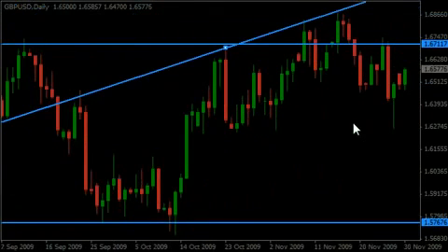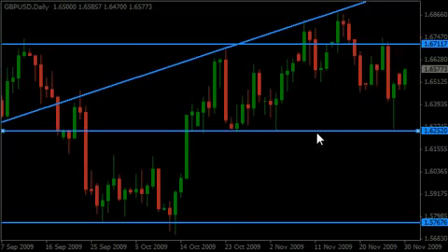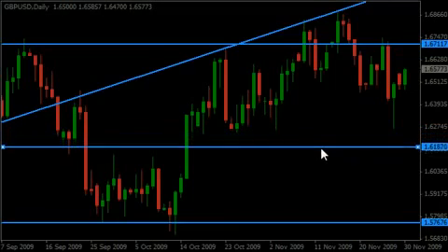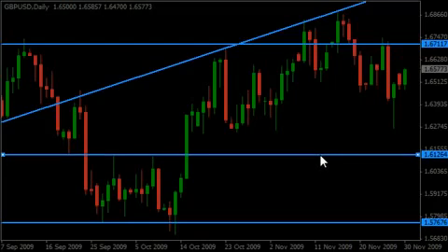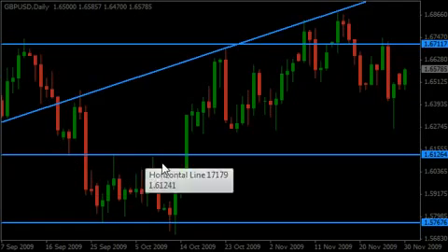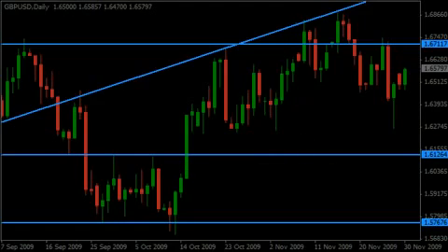Now we're looking at resistance all the way through here. We may have an opportunity to draw another horizontal line once we're down into the daily. We've got a clear point here where, more recently over the last few weeks, we've got support, resistance, resistance. So this is a clear line of support and resistance to me.